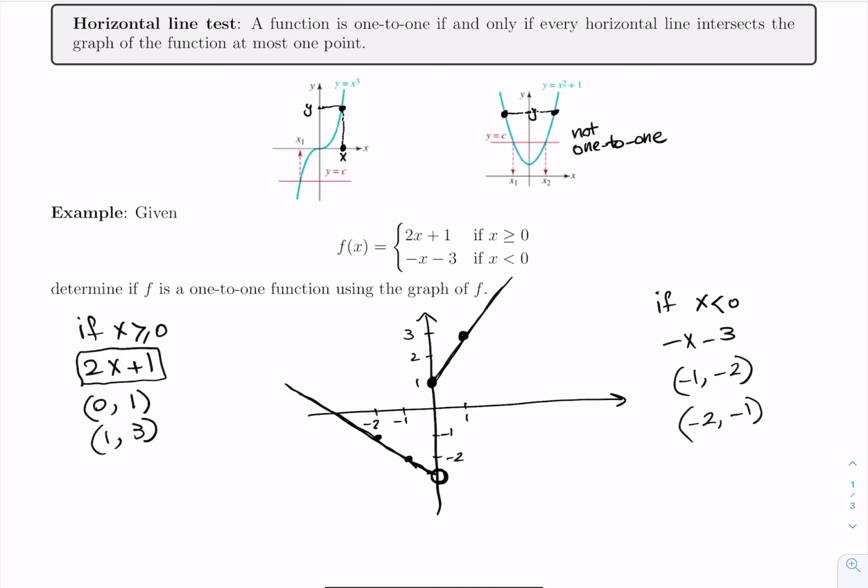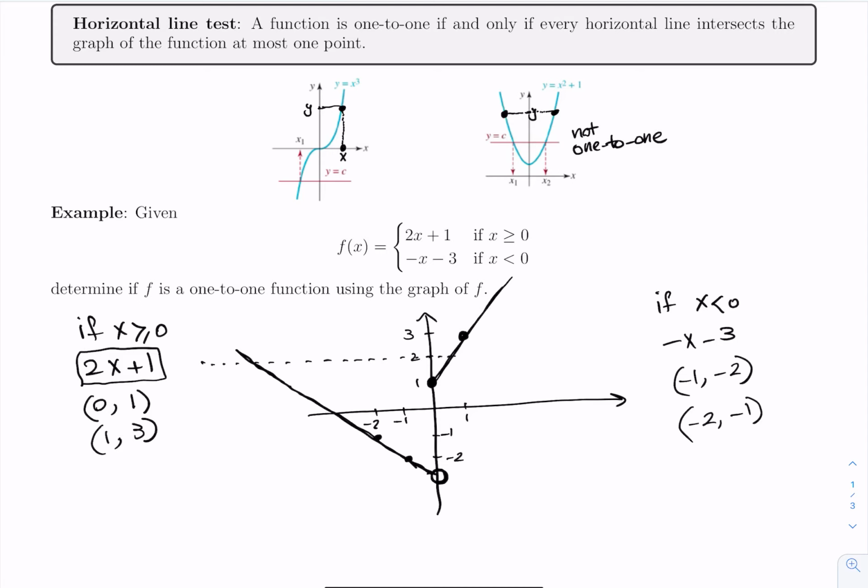Is this a function? Yes, it passes the vertical line test. Now the question is, is this a one-to-one function or not? So we apply the horizontal line test. Can we find a horizontal line which would intersect the graph of this function at more than one point? Yes.